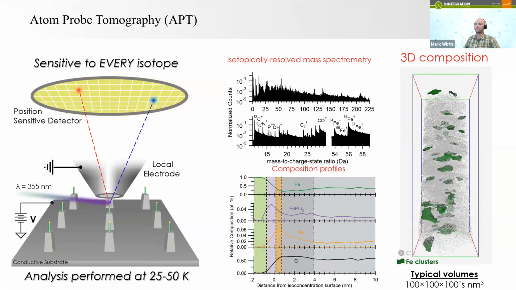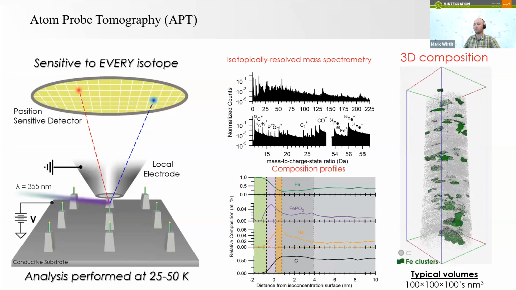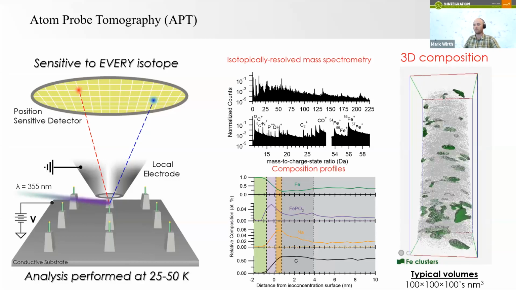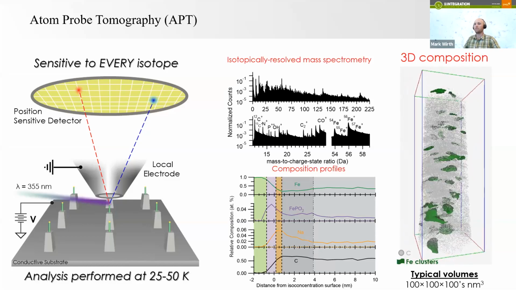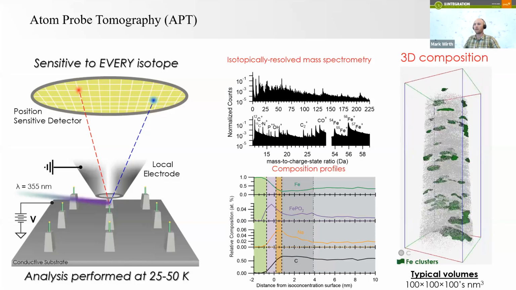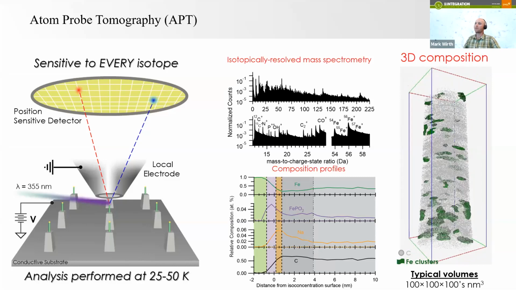And every time the laser pulses, it sets off a time of flight mass spectrometer. And so ions are field desorbed from the tip of the needle. They go through this mass spectrometer and then they hit a position sensitive detector.